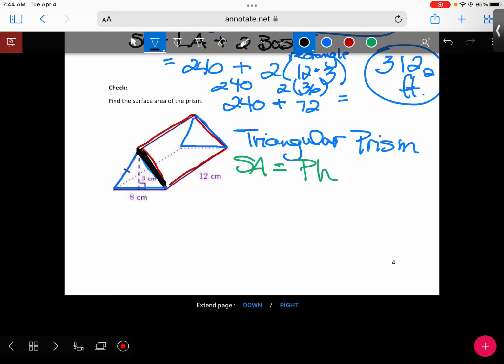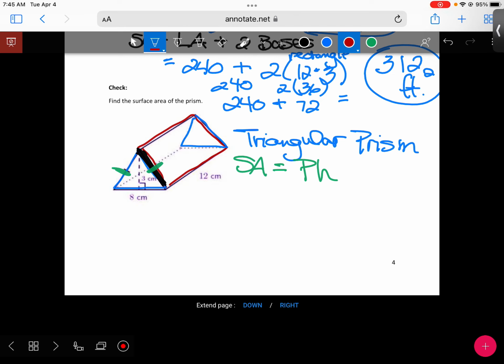Do we know what the bottom of that is? Is it 12? No, I don't think so. It's showing that this side is congruent to this side, and we know this bottom one is 8.